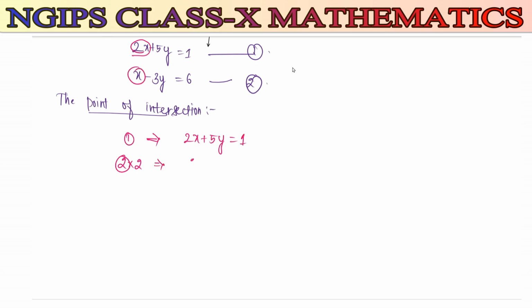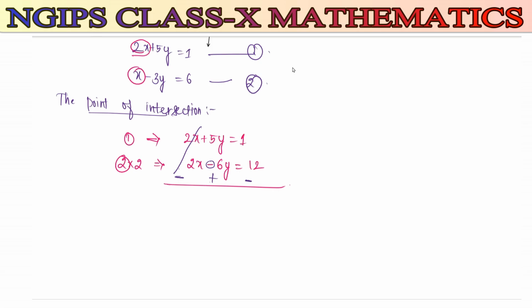So we'll get 2x minus 2 3s are 6y is equal to 6 2s are 12. Now we need to change the sign. In the second expression I am going to change the signs: this plus will become minus, this minus will become plus, and this plus will become minus. So plus and minus will get cancelled.